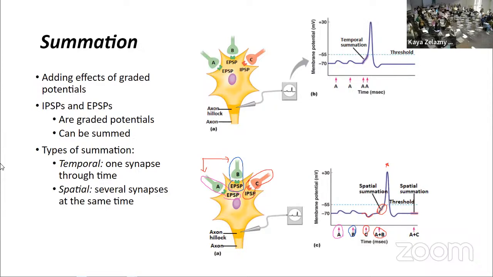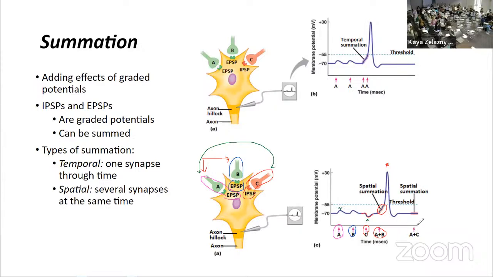However, if instead we see A fire not with B, but instead at the same time as C, A was causing excitation, depolarization here. Okay. But C is inhibitory. Okay.